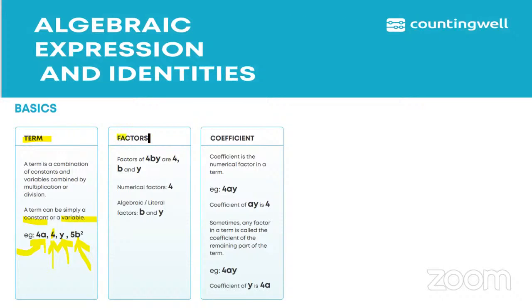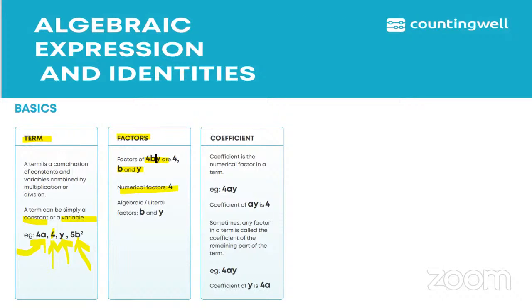Let us see what the factors of algebraic terms are. These are nothing but algebraic terms because they involve variables along with constants. Factors of 4by are 4b and y, because 4b and y will exactly divide 4by.